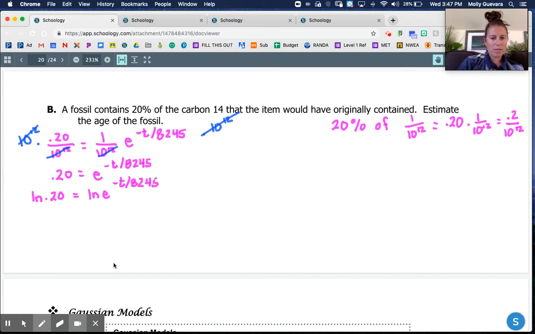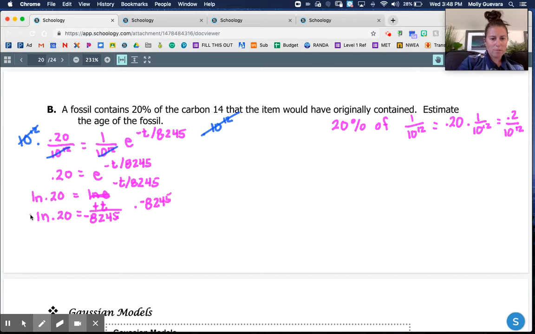Okay, here the natural log and the e cancel, and I get natural log of 0.20 equals negative t over 8,245. Okay, again, I'm going to make the denominator negative and the numerator positive, so that all I have to do is multiply by that 8,245.